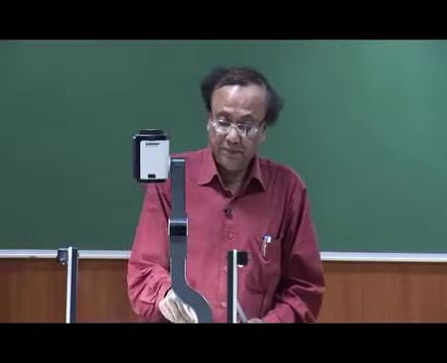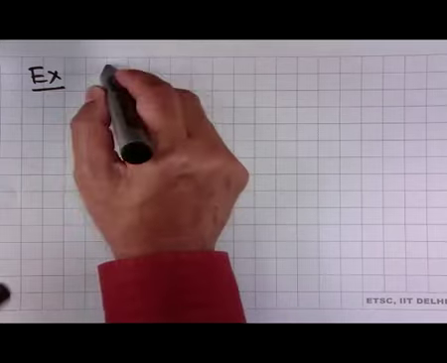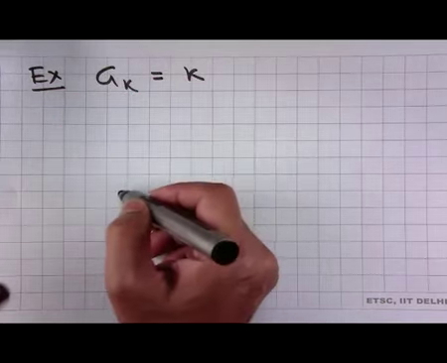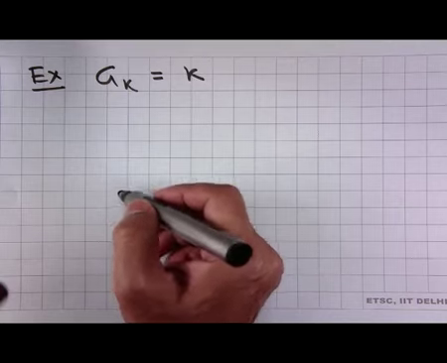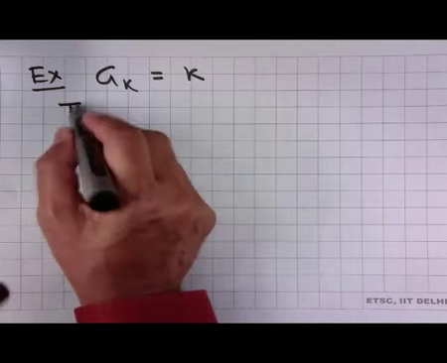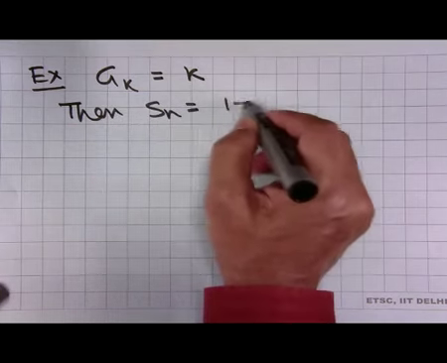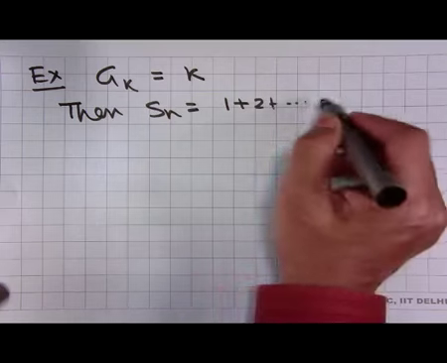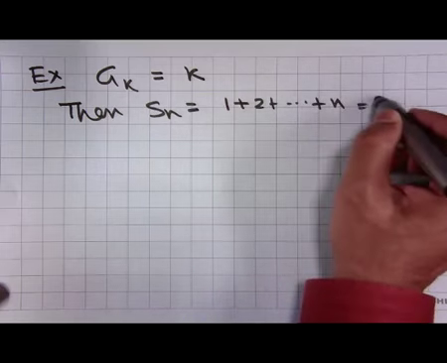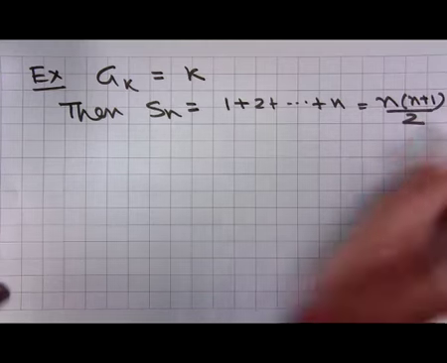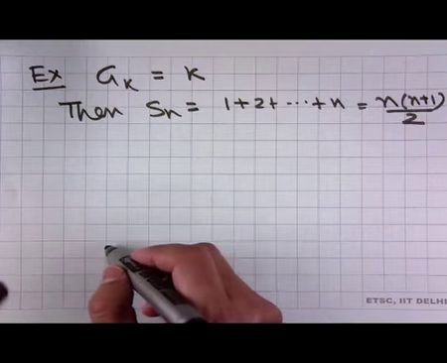For example, let A_k is equal to k. Then Sn is equal to 1 plus 2 plus up to n, which is n into n plus 1 by 2, right.